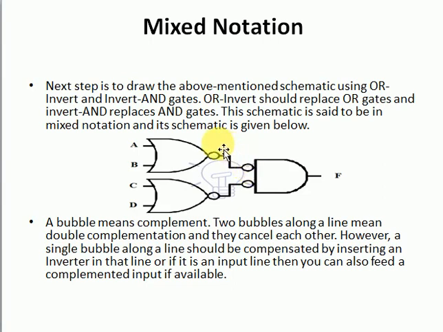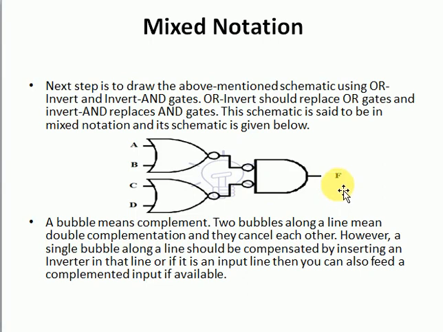The complement we have at this output meets the bubble at this input, so that complement is cancelled and we get A plus B. Similarly, the output of (C plus D) whole complement becomes the input here, and after passing through this bubble we get (C plus D) double complement, where the double complement cancels out. So the input will be C plus D.